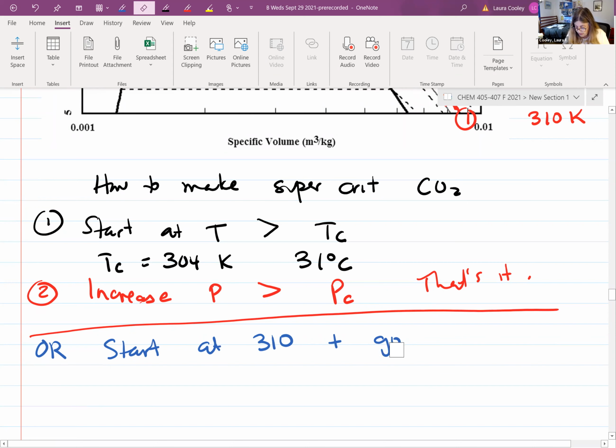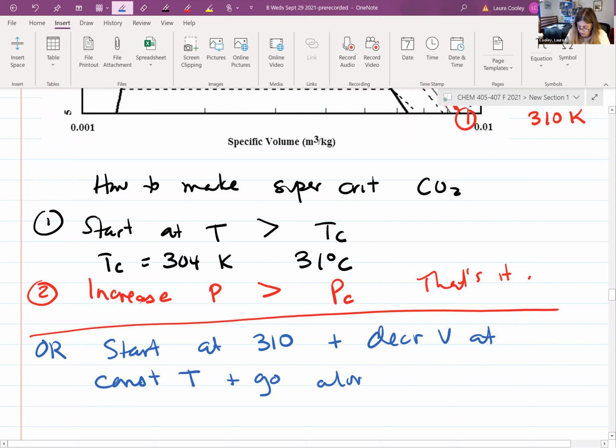So you would decrease the volume at constant temperature and go along an isotherm. So you would be over here and then you go this way. And then you'd get into the region where you have supercritical. So this would be the alternate method. Go from 1 to 3. Okay.